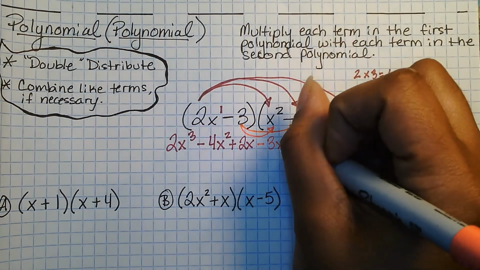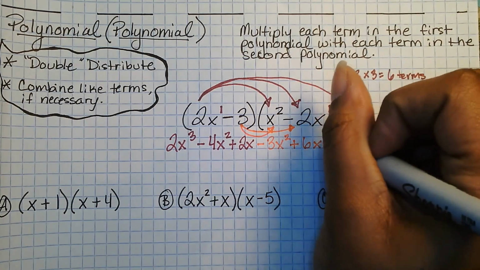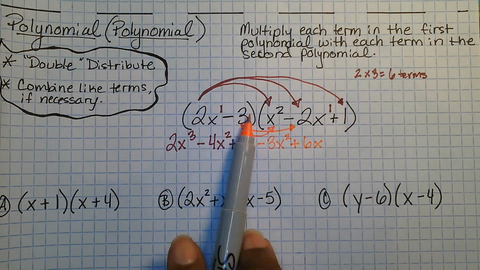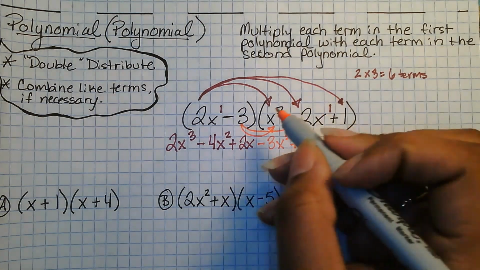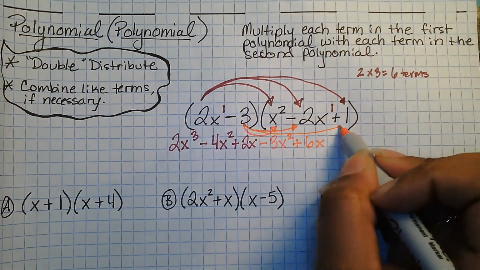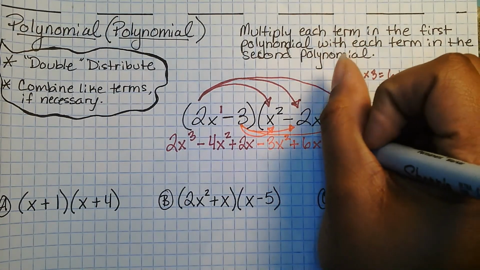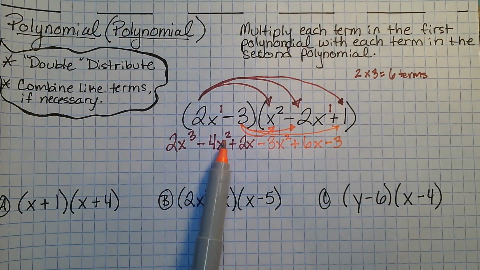So it leaves us with a positive 6x. Yeah, just positive 6x, because this does not have an x on it, so the x will stay at degree 1. And then we need to do the negative 3 times the positive 1. We end up with negative 3. So now we have our 6 terms, 1, 2, 3, 4, 5, 6.